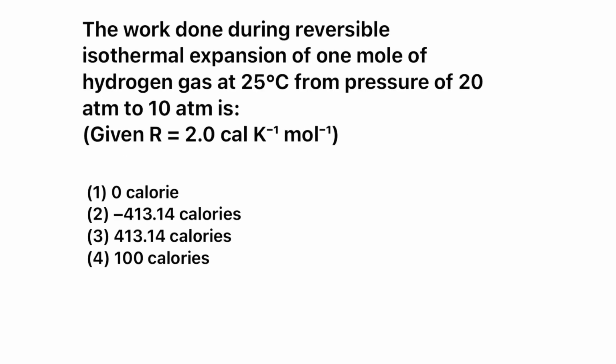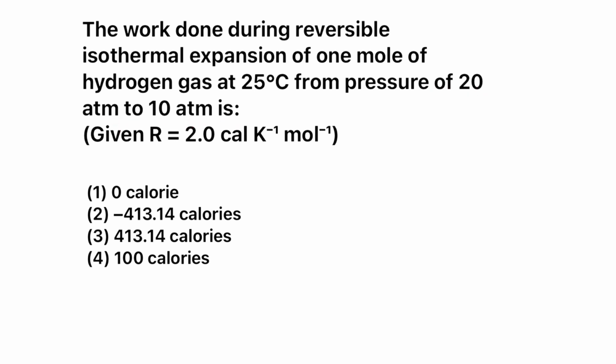Question number 3. Again, a numerical question from the 2024 NEET paper. The work done during reversible isothermal expansion of 1 mole of hydrogen gas at 25 degrees Celsius from a pressure of 20 atm to 10 atm is.